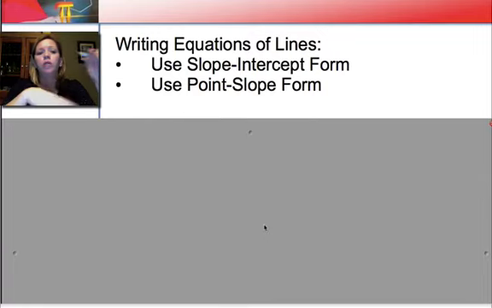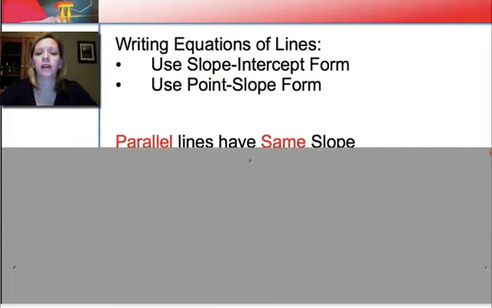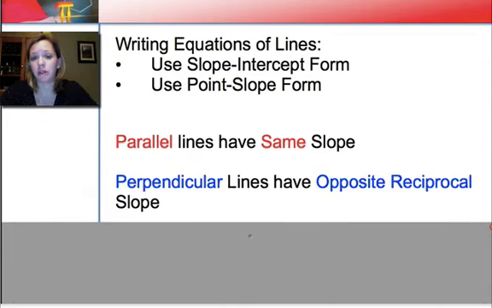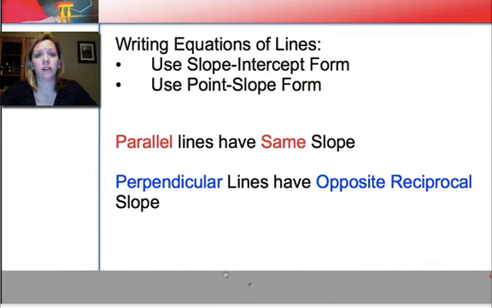I'm going to go over both of these methods with you to write the equations of lines that are parallel and/or perpendicular. Remember from the first part, parallel lines have exactly the same slope, and perpendicular lines have opposite reciprocal slope.